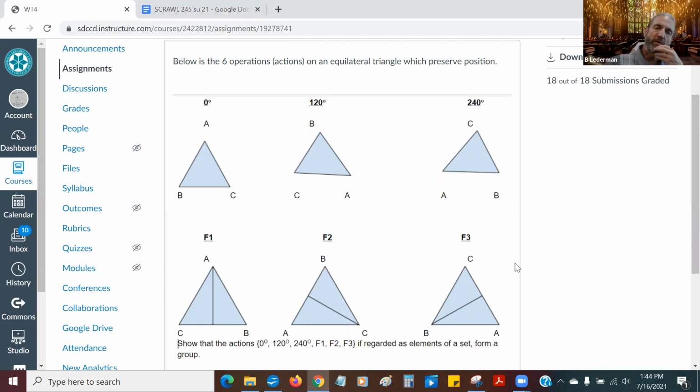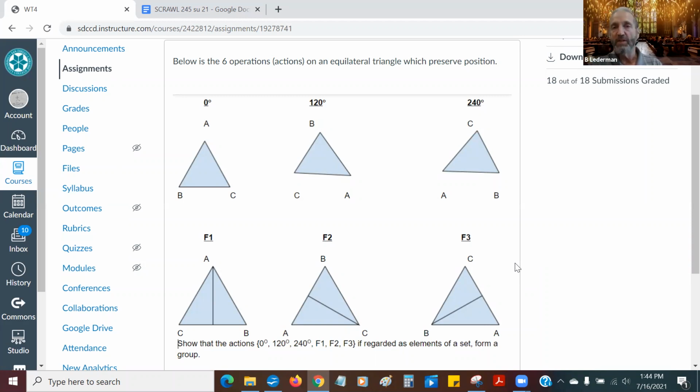Okay, so it turns out that you can consider these to be operations on an equilateral triangle. I could view these as the elements of a set of operations.